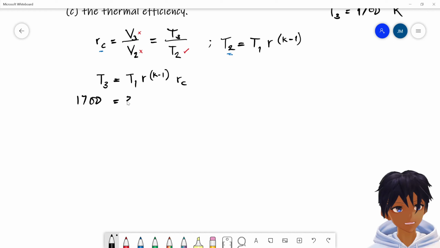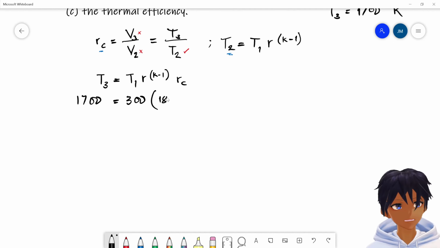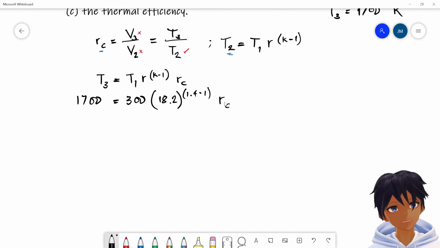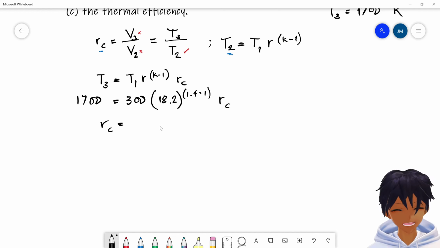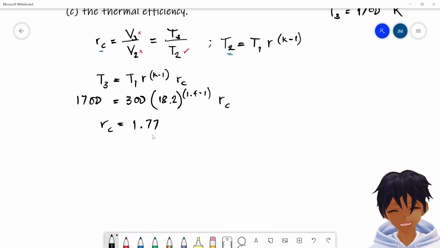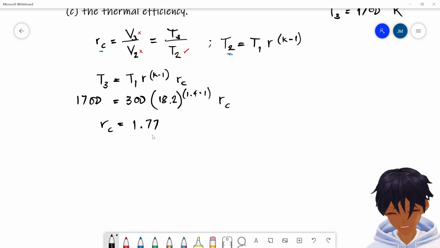Then this is 300. Then R is 18.2 raised to 1.4 minus 1. And then we are now left with R sub C. So solving for R sub C is 1.77. So that answers letter A.